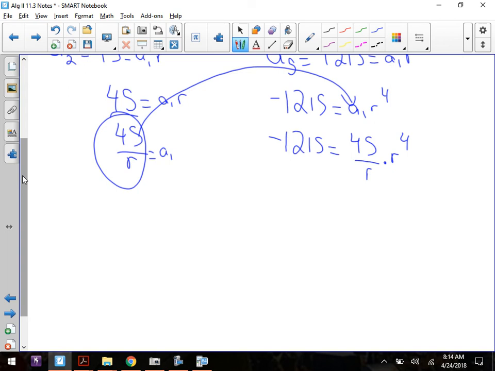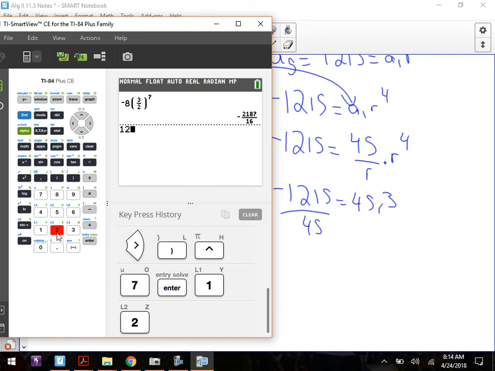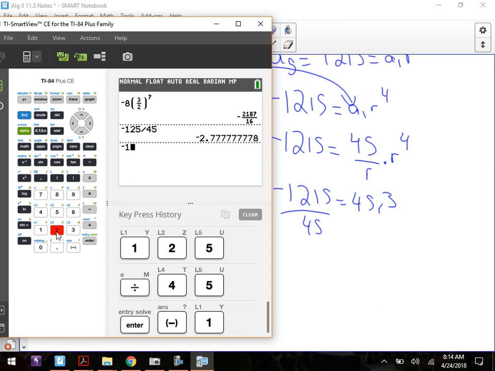You don't want to deal with ones that have extra variables. So this becomes negative 1215 equals 45 r cubed, divided by 45. And now negative 27 equals r cubed.